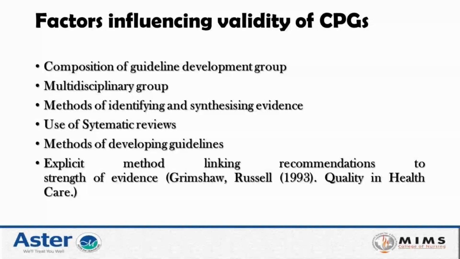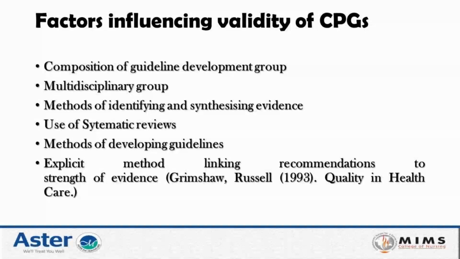Before starting to develop a CPG, you have to set up criteria saying which method will be used for synthesizing evidence. Then, how will we use systematic reviews? How many people will do this, who will do this, and who will be using different repositories like PubMed or CINAHL, whatever it is?